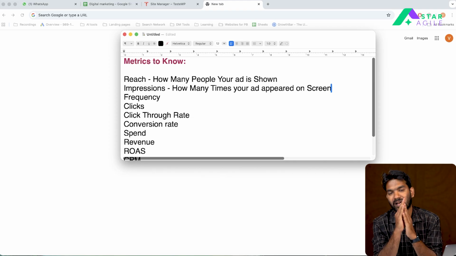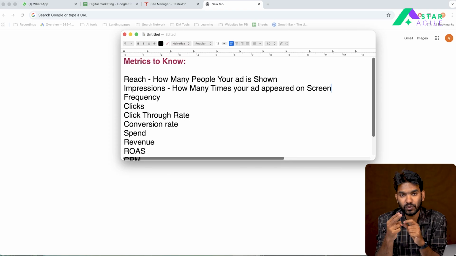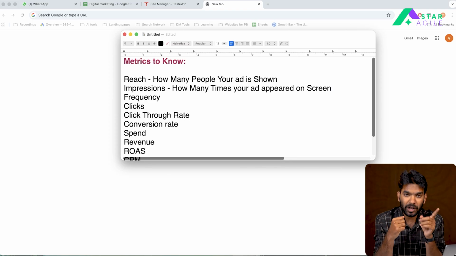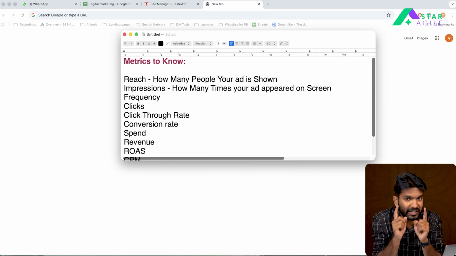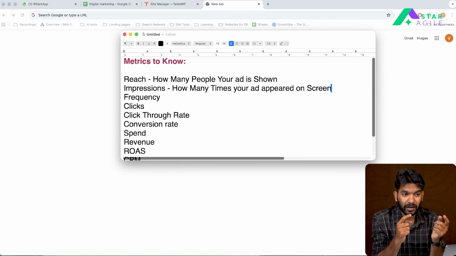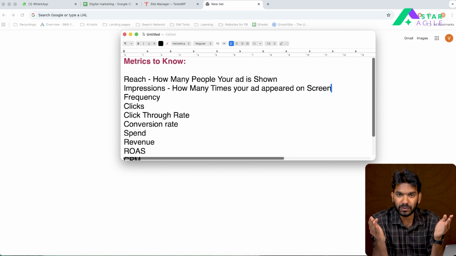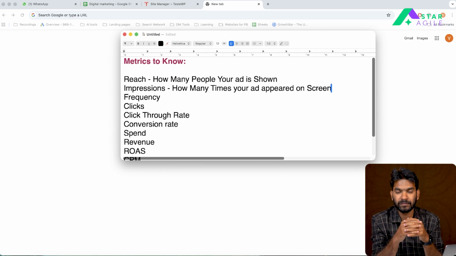Then the same advertisement is shown to Raj, so the number of impressions becomes 2 and the number of people reached is 2. If the same ad is shown to Ram again, people reached is still 2, but the impressions become 3. The frequency of Ram is 2, and the average frequency is 1.5.